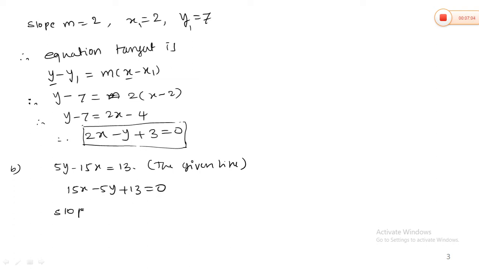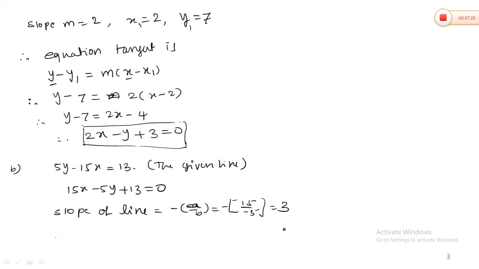Therefore slope of line is equal to minus a upon b. Minus a is 15, b is minus 5, this equals 3.